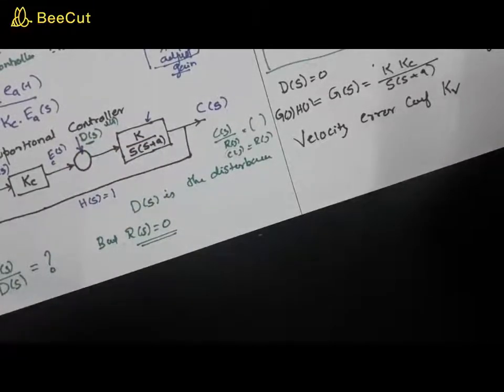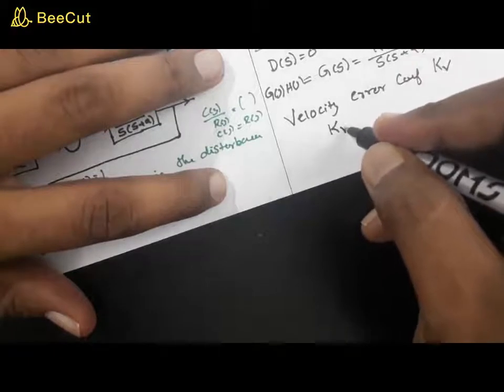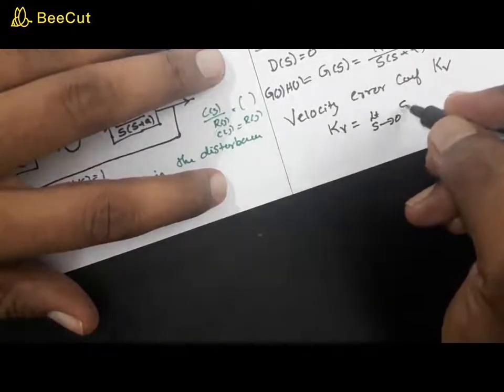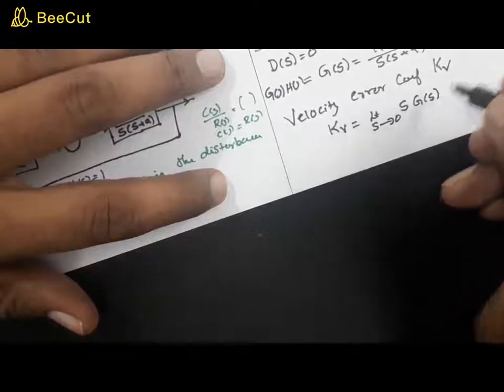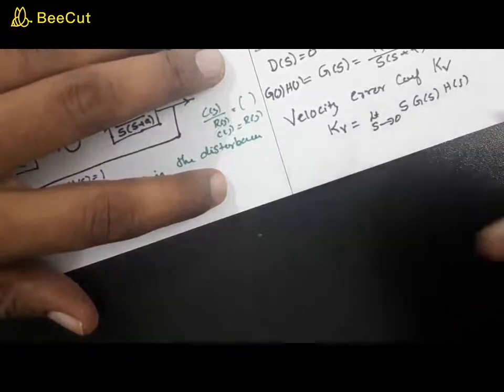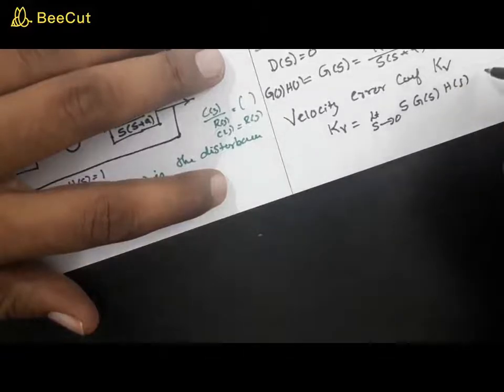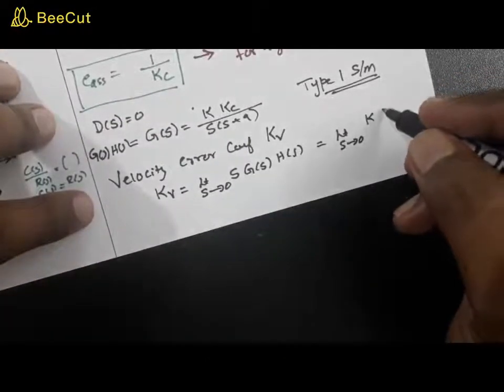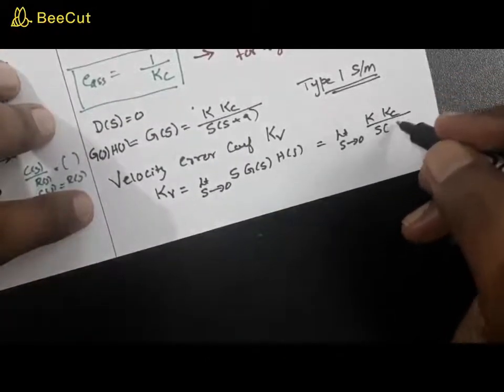So we have defined kv as limit s tends to 0 of s into g of s h of s, where h of s is 1 over here. So g of s h of s is k into kc by s into s plus a.